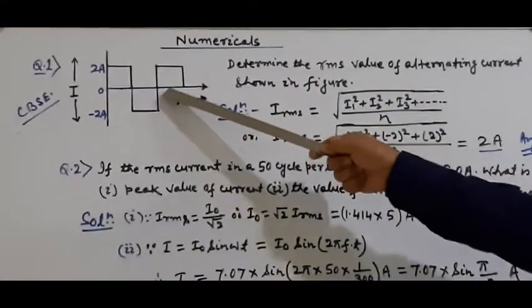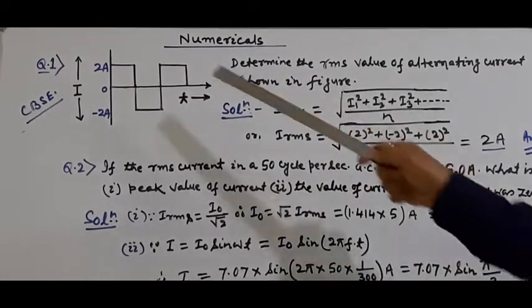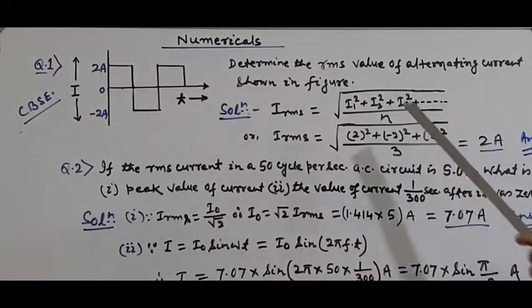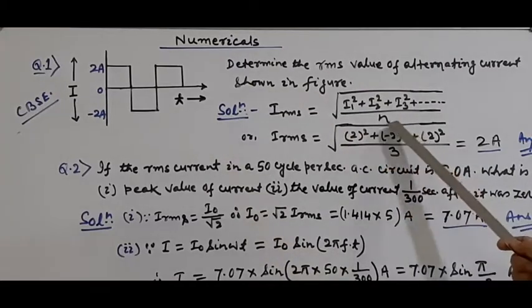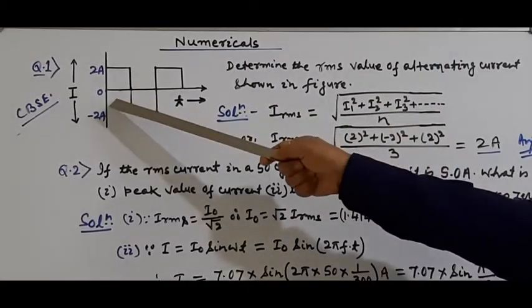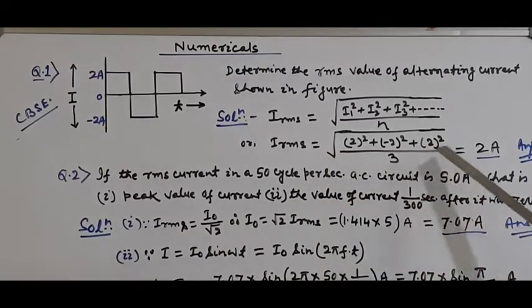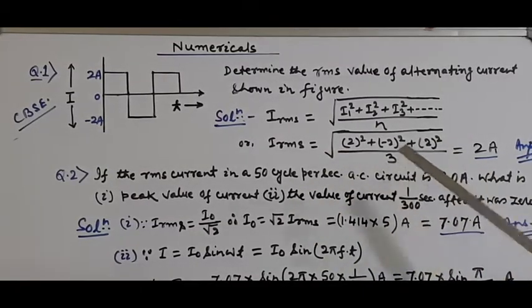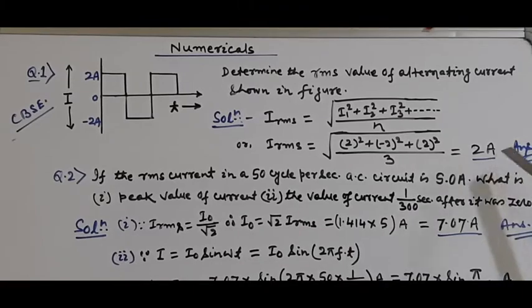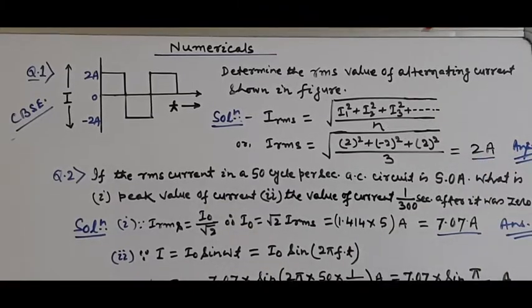And the third time interval, again 2 ampere. And in place of n, we take the time divided into 3 parts, which is 3. So I_RMS is equal to this value you have got. When you solve it, you will get the result 2 ampere. This is the answer to this question.